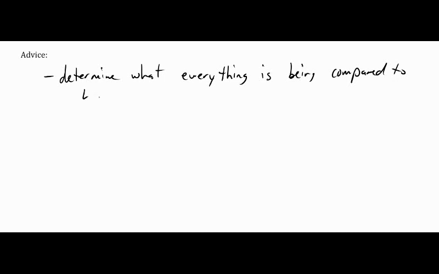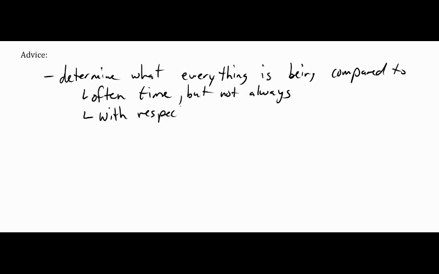This is often time, but not always. And another way that we think about this is with respect to. So once you figure out what everything is changing with respect to, that's what you're going to differentiate with respect to. Okay. Something else we're going to do is identify variables.